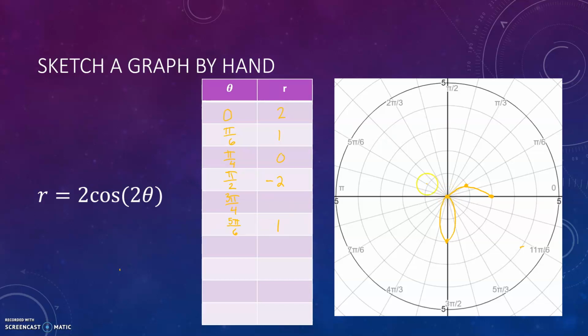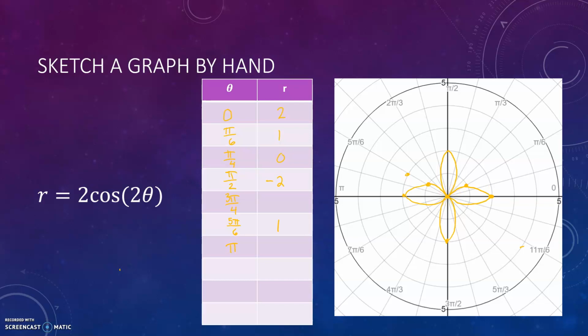So in the 5 pi over 6 direction, we'd be at 1. That's 2. That's why that looks weird. And then when we're at pi, we'd be at 2 times 0, so pi would be at 0. And I don't know if you can see, but we're starting to trace out a rose shape. And we'd finish that rose when we got back to 2 pi.